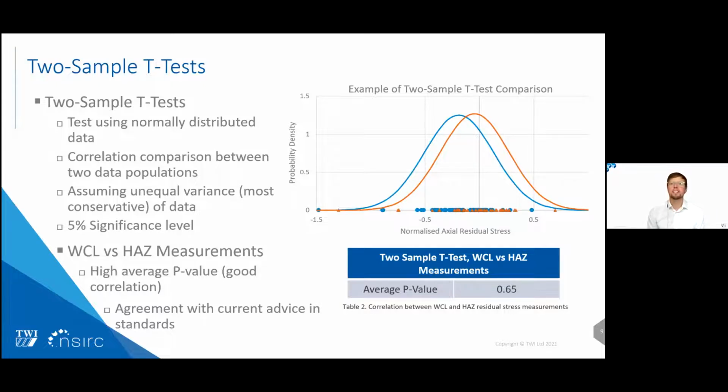The results show very good correlation between the weld centerline and HAZ measurements, and importantly, this backs up what the standards already say about weld residual stress treatment, which is that they can be treated the same. I just want to quickly add that the HAZ measurements are measured pretty much all at the same location, at the end of the last capping pass.